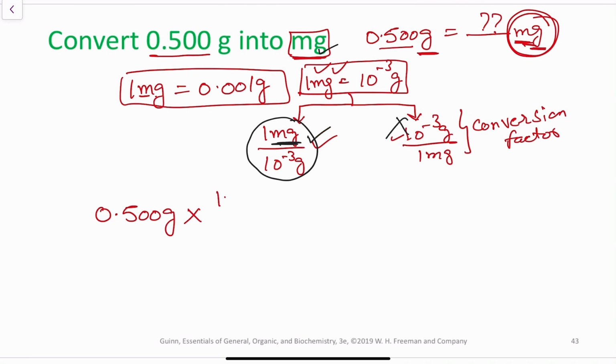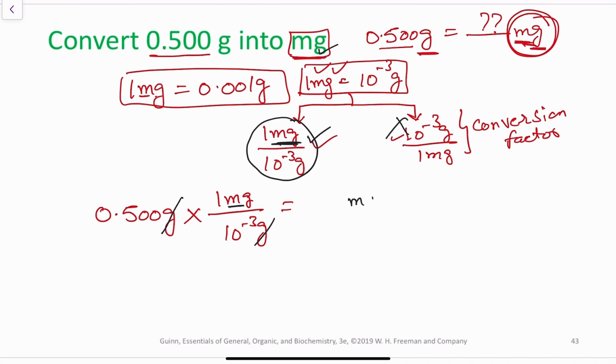So I'm going to write 1 milligram over 10 to the power negative 3 gram. If you see carefully, this gram is on the top, this gram is at the bottom. They can cancel each other out because they are in divisible form. So they cancel out, and the only unit left is milligram.